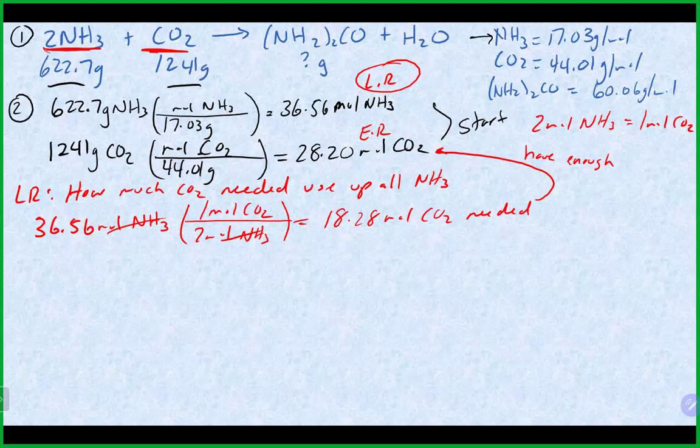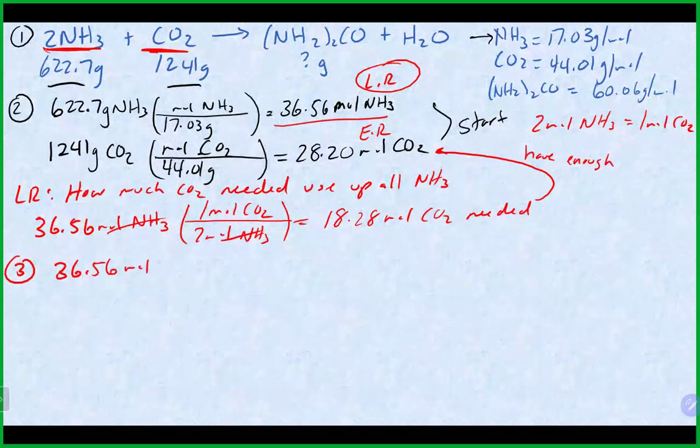Now that we know which one is the limiting reagent, really at this point, it just falls back to a normal stoichiometry problem. So we're going to go with our limiting reagent, which is our 36.56 moles of NH3. And we're now going to go from our limiting reagent to our product.